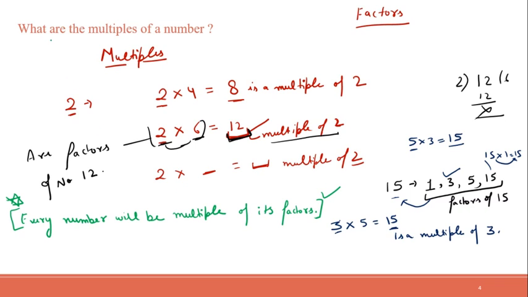So now I hope you got this. What is multiple of a number and what are factors of a number? So let me give you some examples so that you can understand it better. Let's say 25.